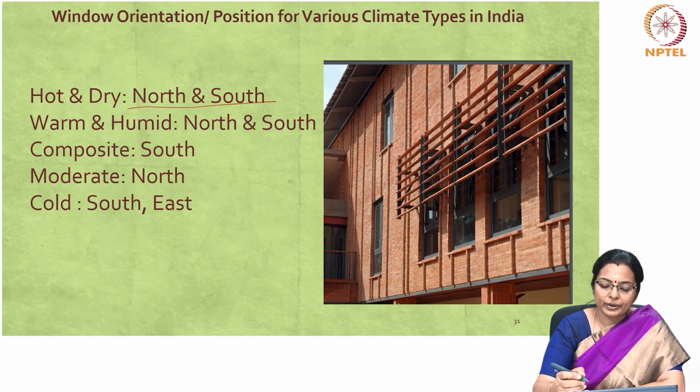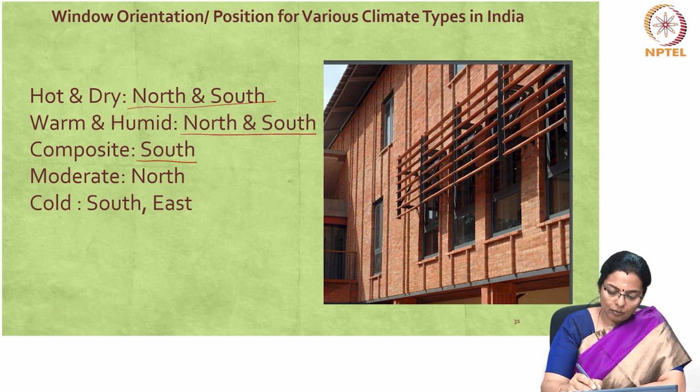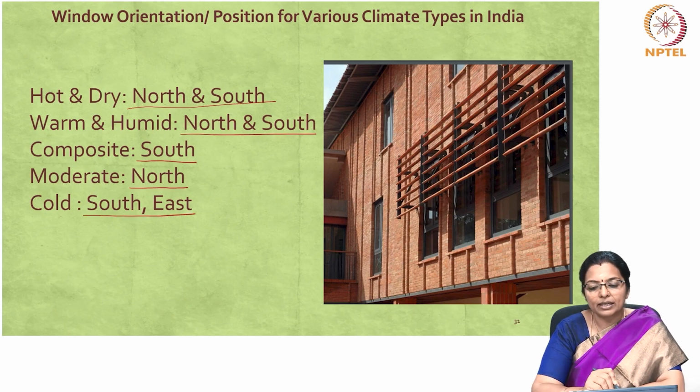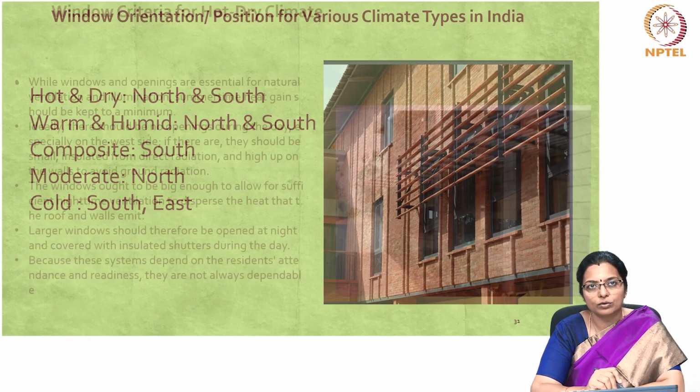For warm and humid, the best window orientation is along north and south. Composite climates, south is a better orientation. For moderate and temperate climate, north is a better orientation. For cold climates, south and east is a better orientation for the windows.